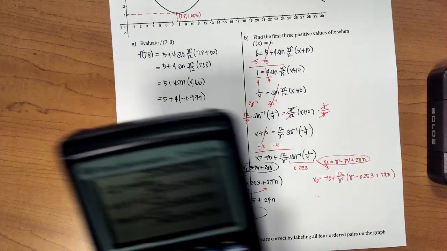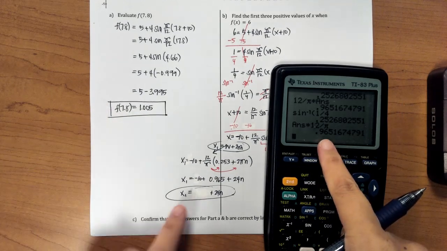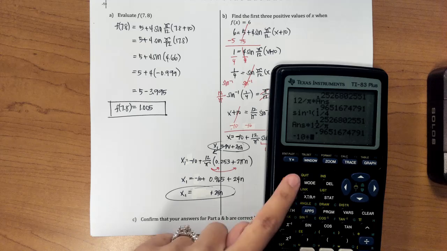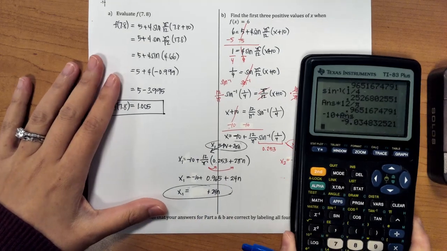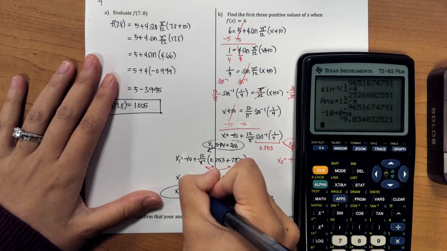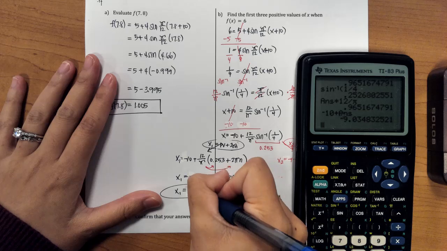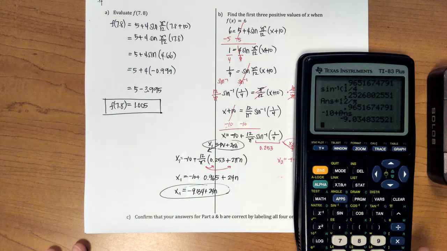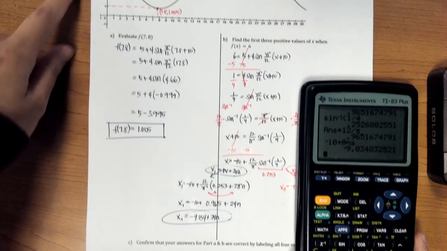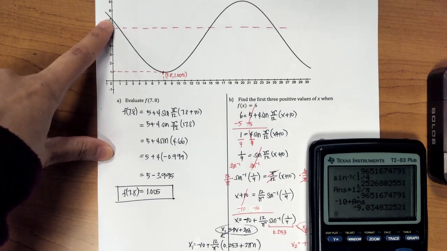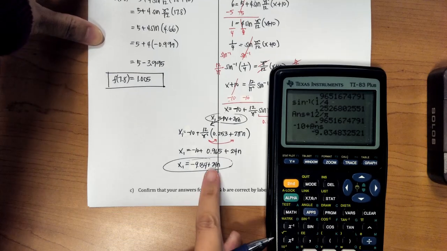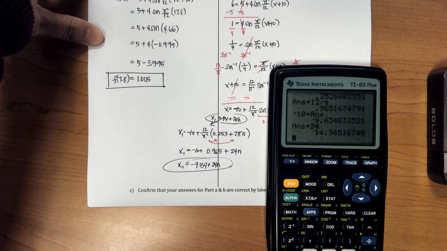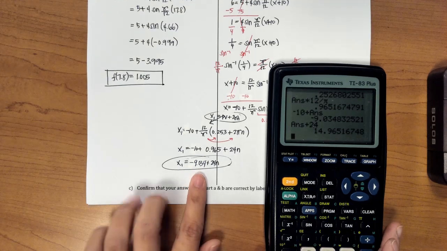Okay, so let's try again. You guys ready? I made it back to this point, so negative 10 plus here is negative 9.034. Okay, well, we have a slight problem because a negative value doesn't show up, so I'm going to have to add 24 to that. There we go. That's a much better number.